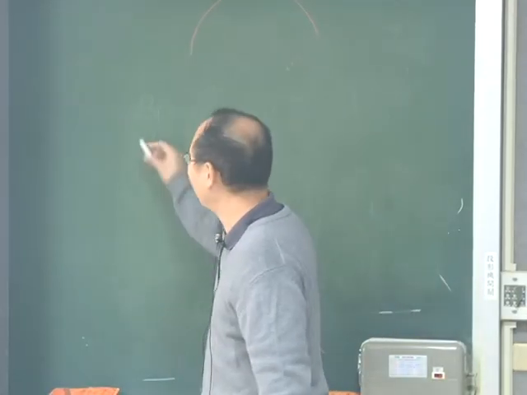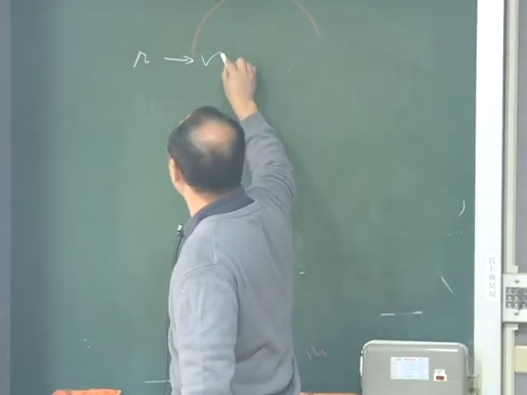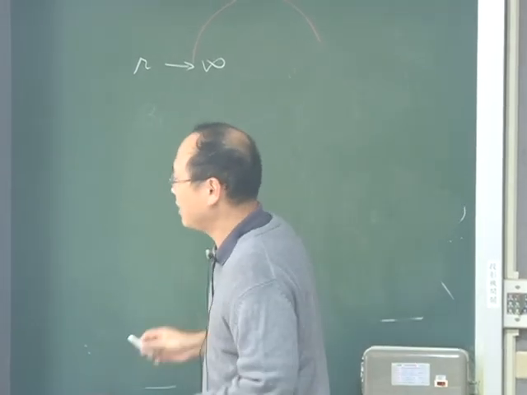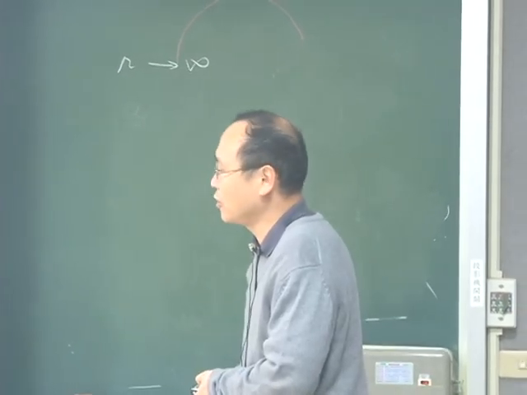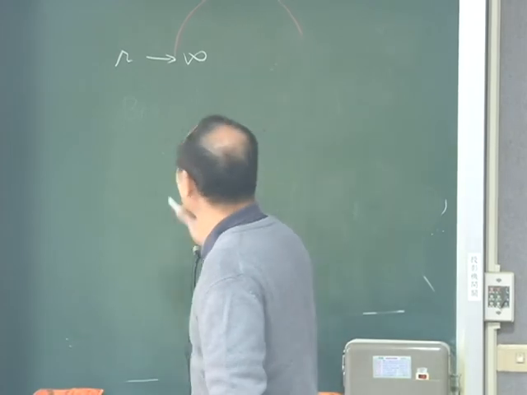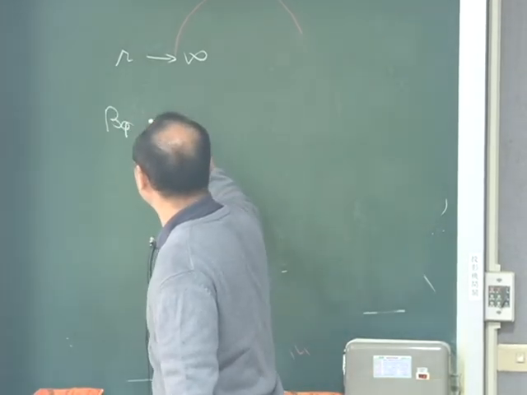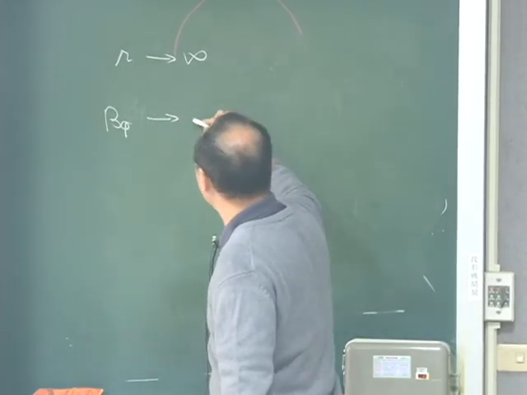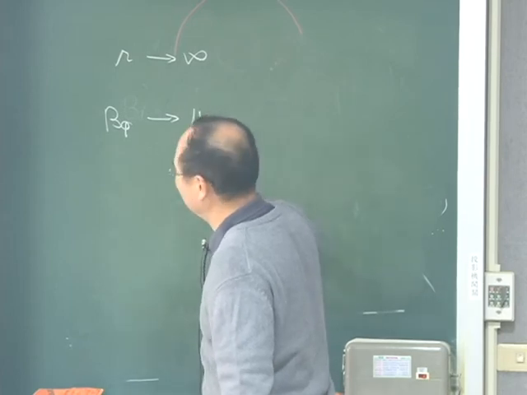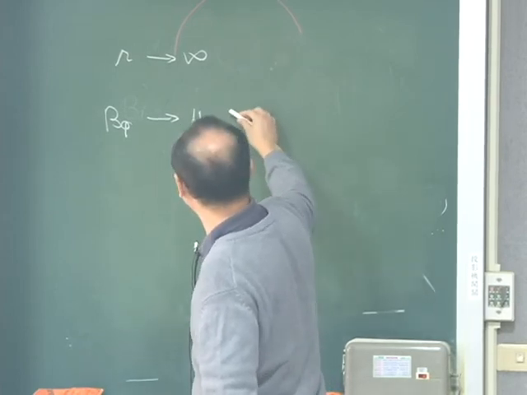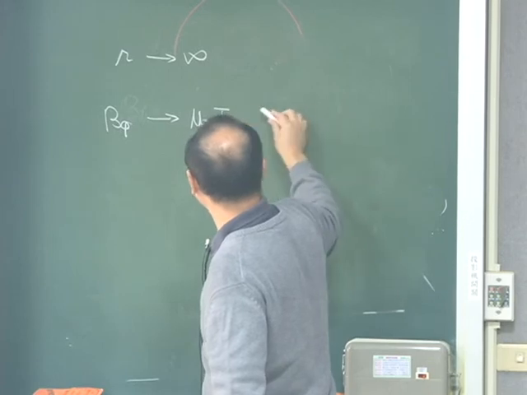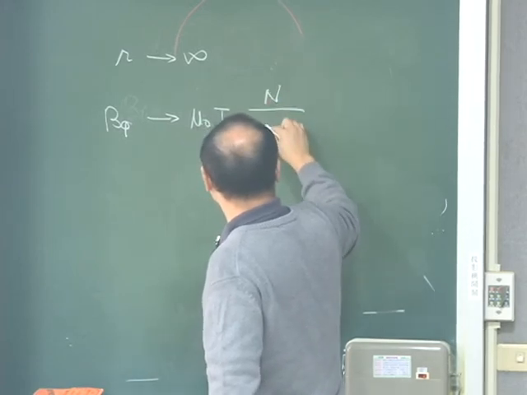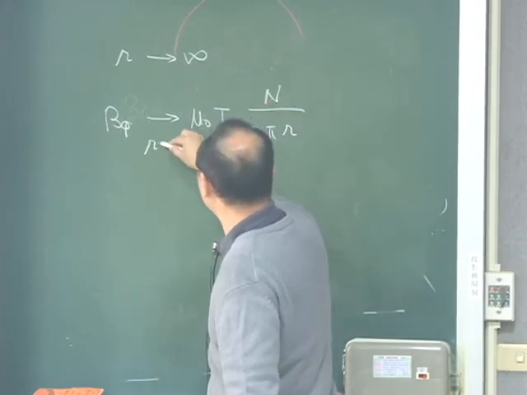If I have r approaching infinite, then this N also approaching infinite. So my B phi now is going to approach mu naught multiplied with I and divided by N over 2 pi r. But r approaching infinite.